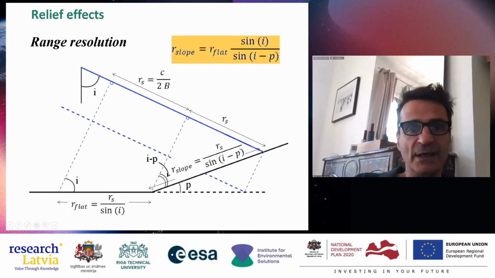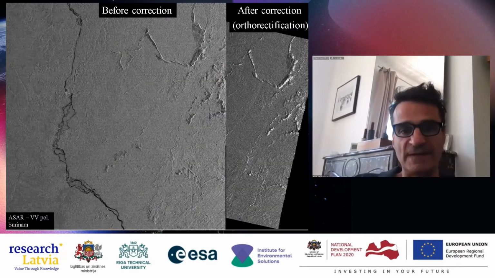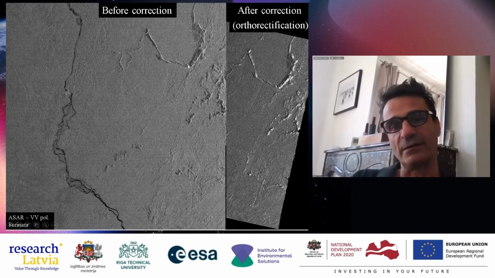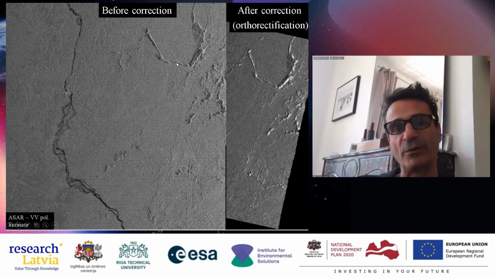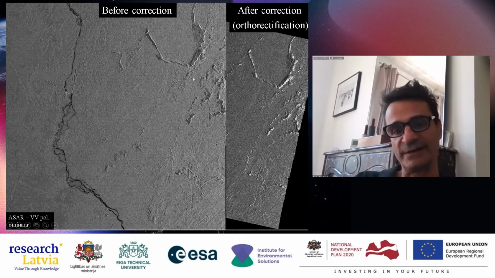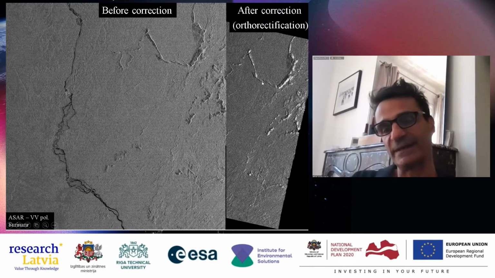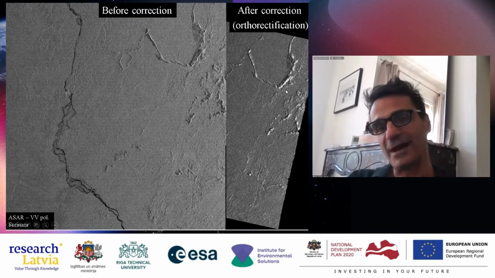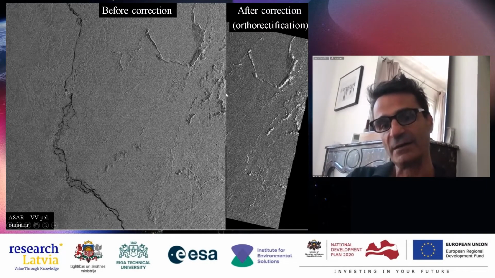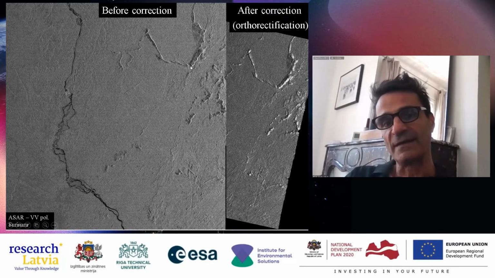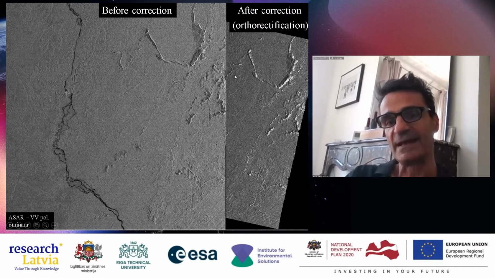All right, I won't speak about this, I don't have time. This is just a process of orthorectification. This is the image geometry. This is after orthorectification, and you see that the radar was looking there. So this slope, which is oriented toward the radar, is totally contracted.